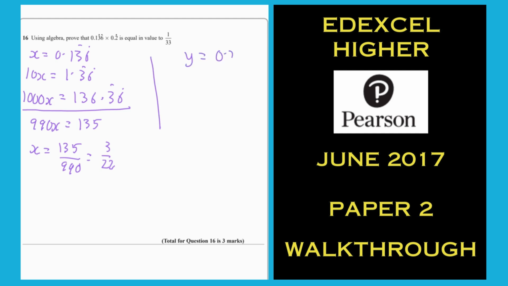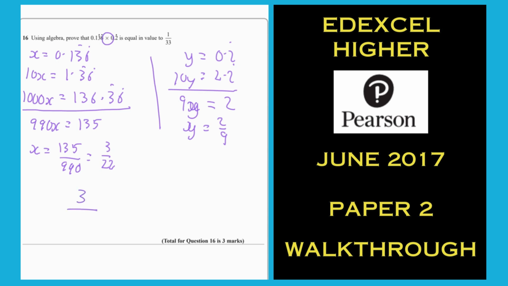Now on to the easy bit. Different letter for 0.2 recurring. Why is it easy? Because it's just a 1 decimal place job. And when you take them away, 9y is 2. So y is 2/9. Now it wants us to multiply them.